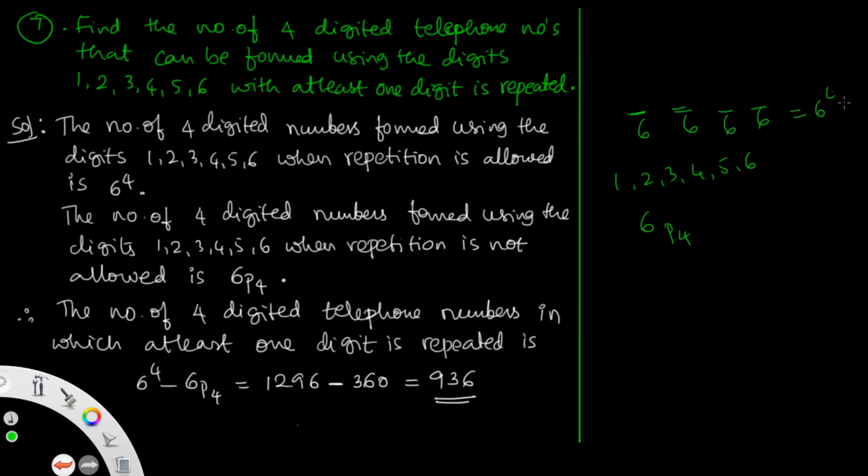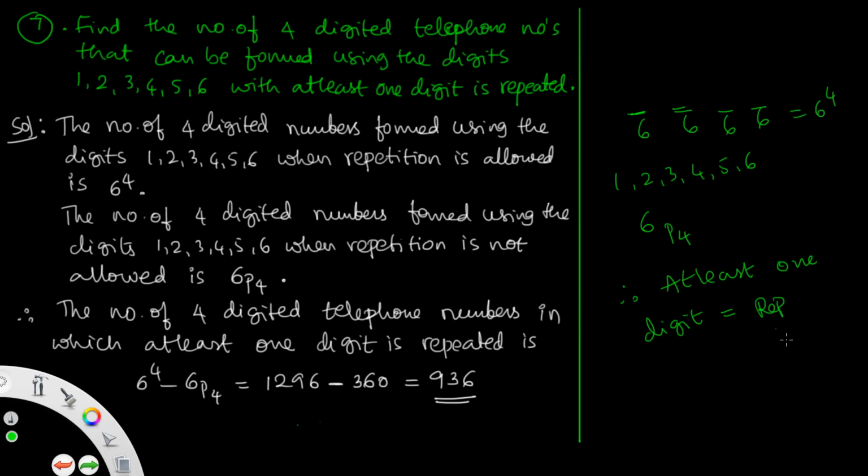But in the question it is given that at least one digit is repeated. That means repetitions allowed minus repetitions not allowed. Then you get at least one digit repeated.